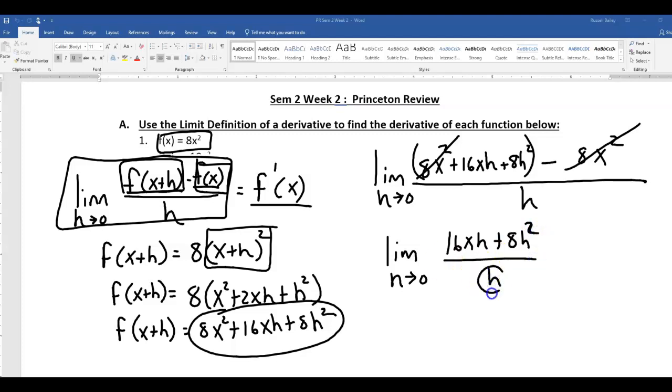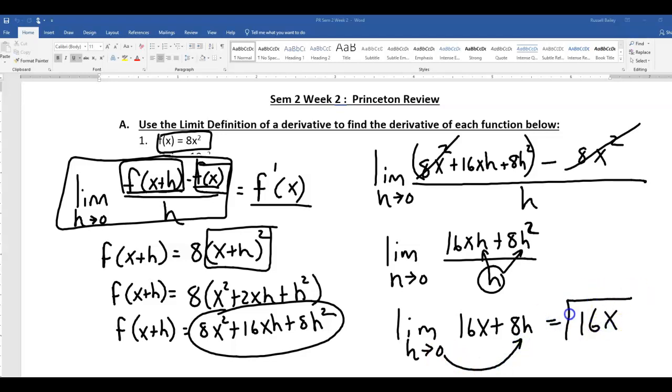When you divide this h into the top, it cancels one h out of each term and out of the bottom, leaving us with 16x plus 8h, my bad. And then the last step is to plug the 0 in for the h, and that just leaves you with 16x.